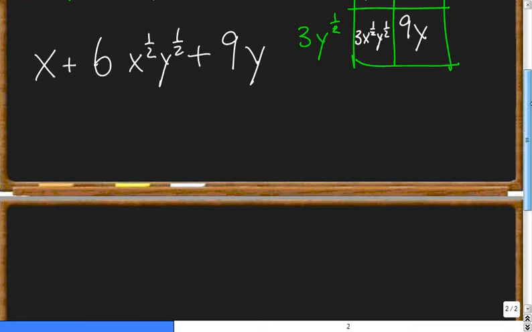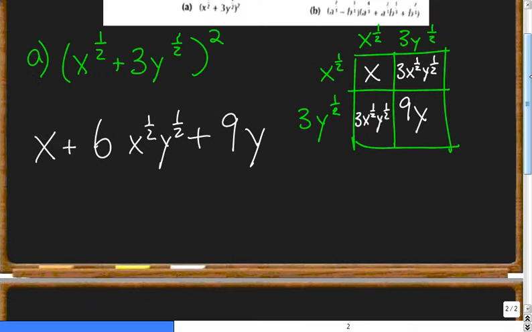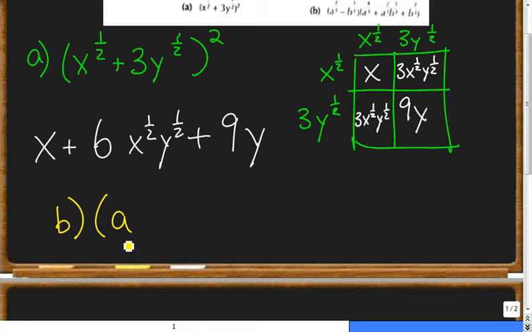The next problem is a little different. It has us saying we have a to the 2/3 minus b to the 1/3.